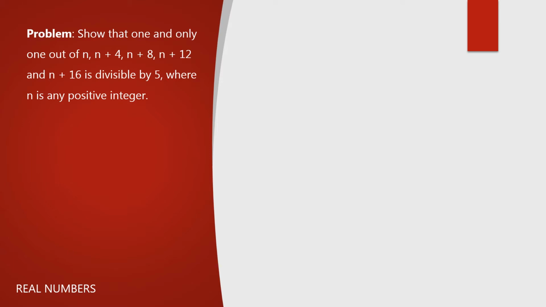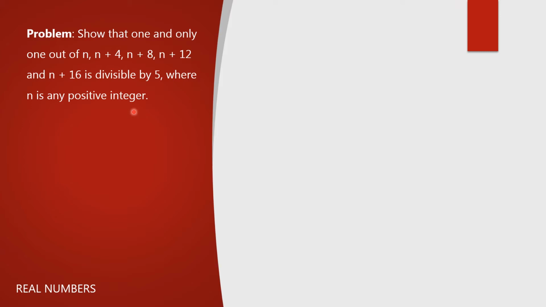Now let us solve this problem. Show that one and only one out of n, n plus 4, n plus 8, n plus 12 and n plus 16 is divisible by 5, where n is any positive integer.